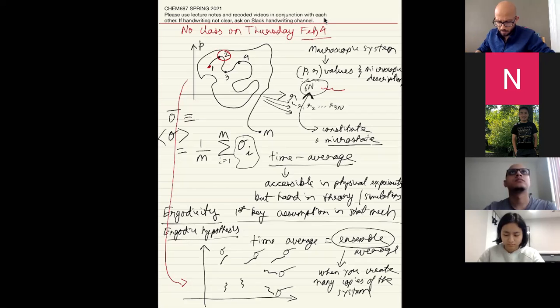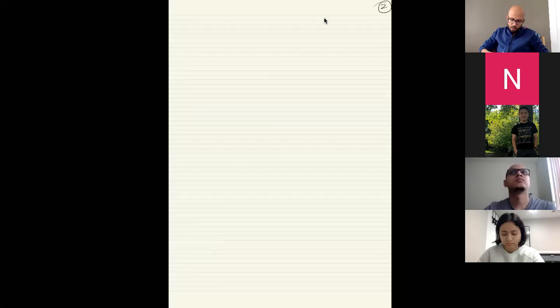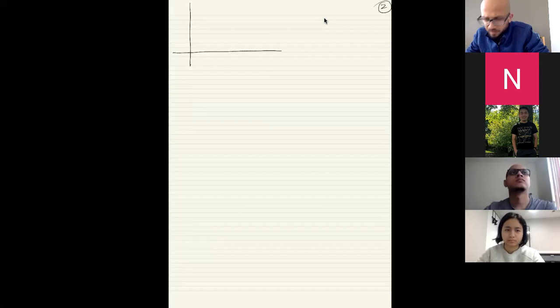Now we have to be a bit careful here. How do we make this rigorous? So in order to make it rigorous, let's draw our phase space again. And anytime I write r, p, I actually mean a vector, because it's a 6N dimensional space.